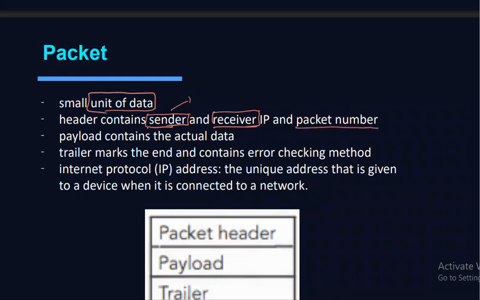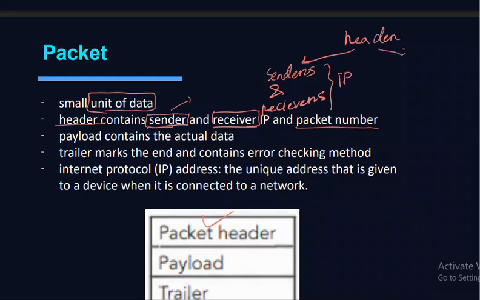So the packet header, or we can say the header, contains the sender's and receiver's IP and the packet number.